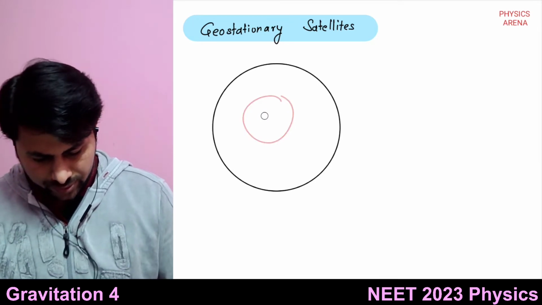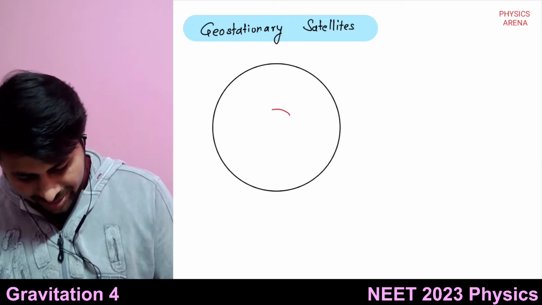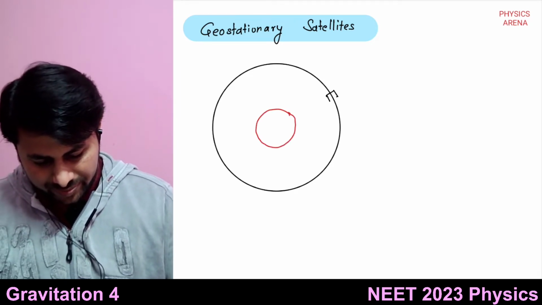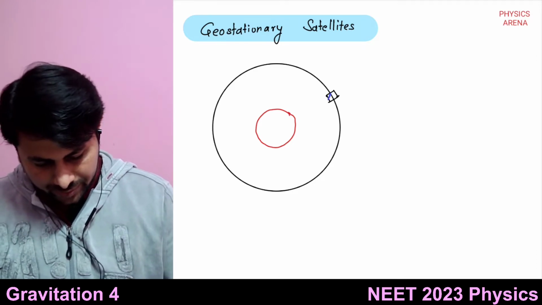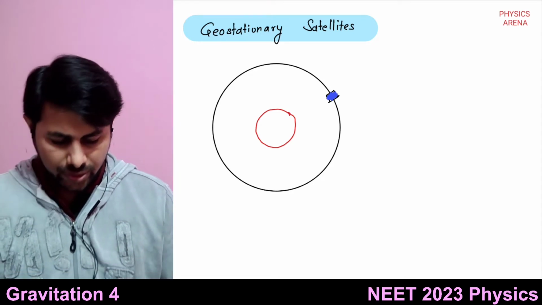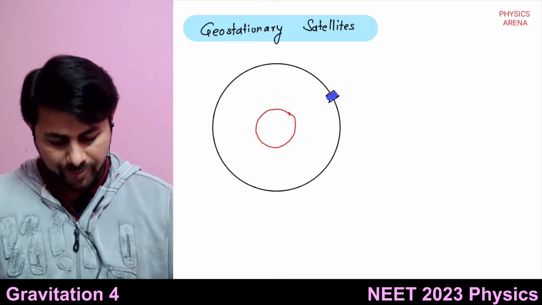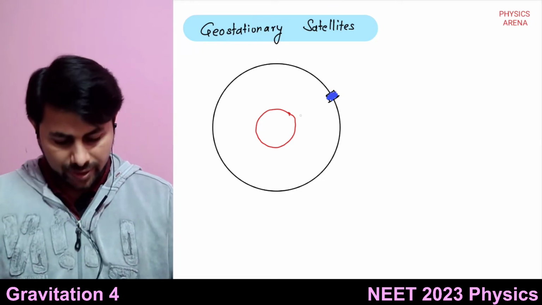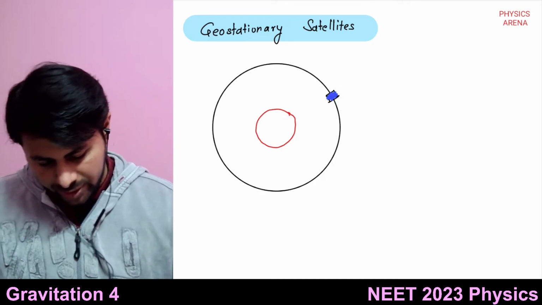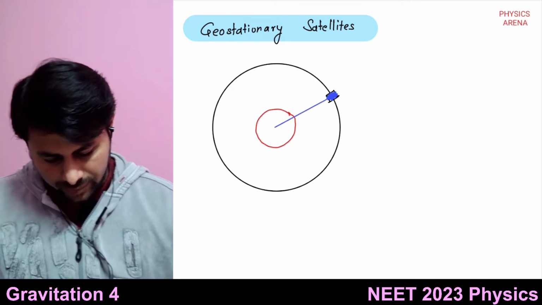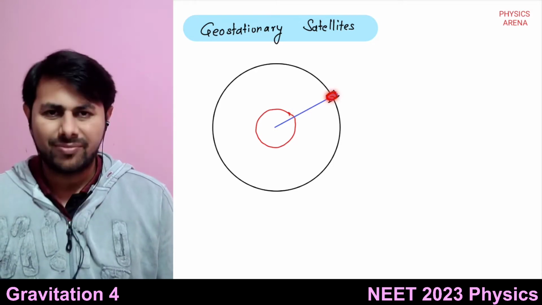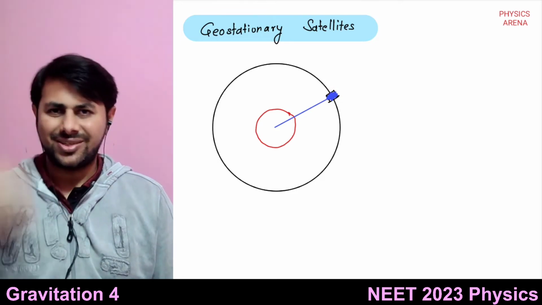Okay. So let's redraw the Earth. Let's suppose this is Earth and there is some satellite over here, which is revolving around Earth. Now you want this satellite to be fixed with respect to Earth. So if you see from this position, if there is some person standing over here, the satellite will be over the head of that person, right?